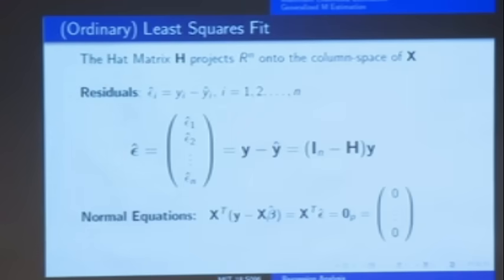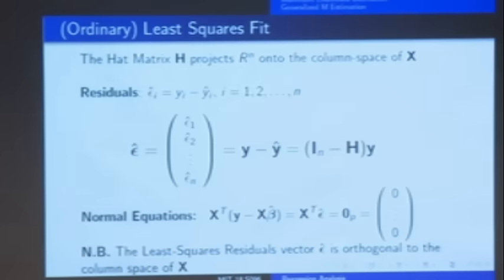And so from the normal equations, what they mean is that the residual vector epsilon hat is orthogonal to each of the columns of x. You take any column in x, multiply that by the residual vector, and you get 0 coming out. So that's a feature of the residuals as they relate to the independent variables.